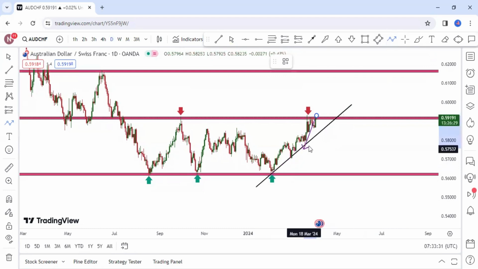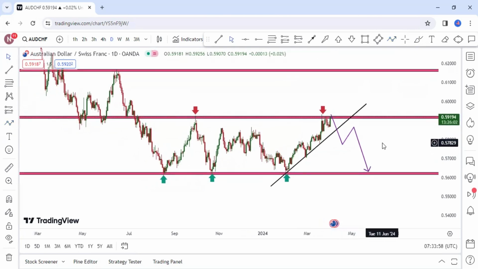You can see the market has broken this trend line 1, 2, 3 times. So I'm waiting for the market to break this trend line to the bottom, and also to retest around the 50 to 60 Fibonacci level, and also to break this level to show that the market is changing direction. Then I will take this trade to the downside.